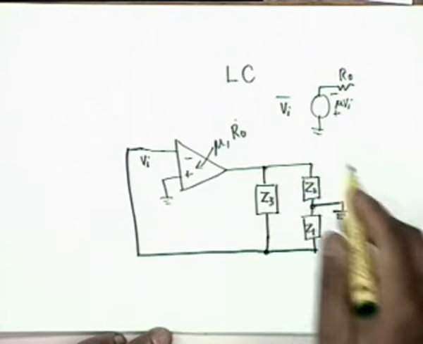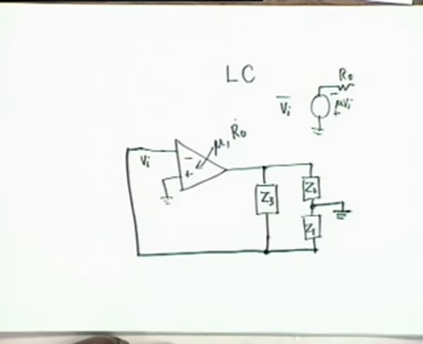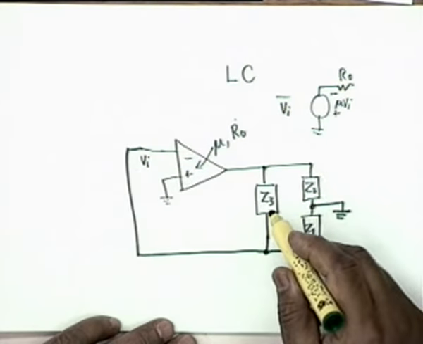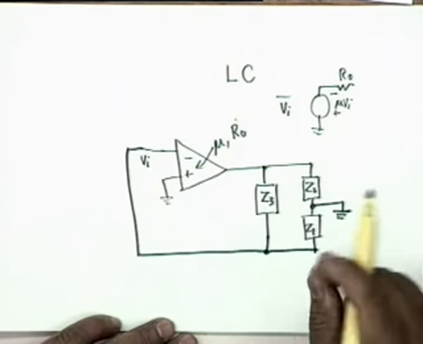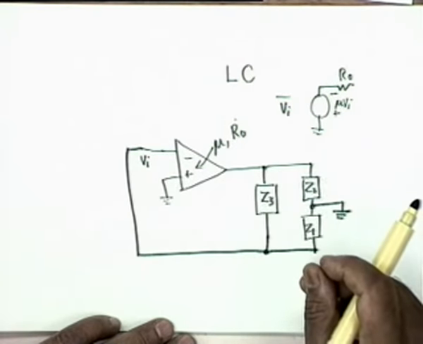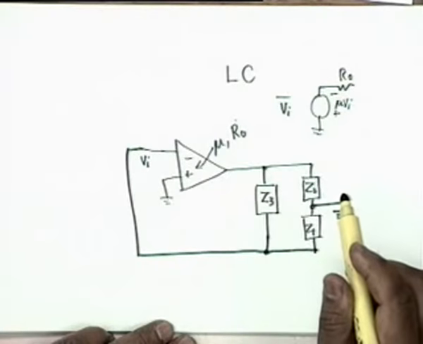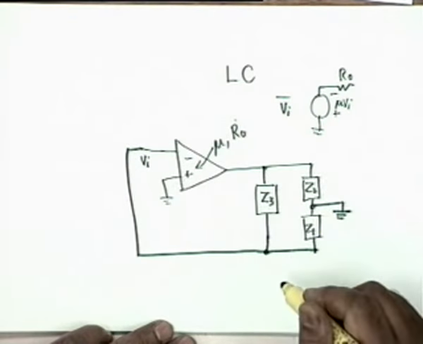This is the general configuration of a simple LC oscillator, where Z1, Z2, Z3 are either inductances or capacitances. And in the analysis, we will assume all the 3 to be ideal reactances.